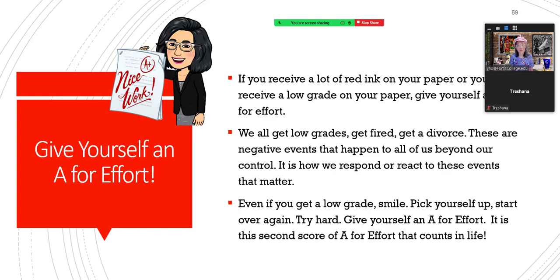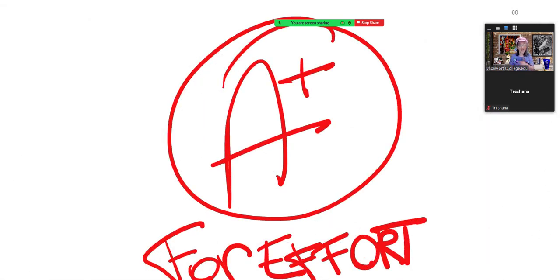Even if you get a low grade, pick yourself up and start over again. Try hard. Give yourself an A for effort. For it is the second score of A for effort that counts in life. That actually comes from a book. Thanks for the feedback. In other words, there are adversities in life, but it's how you react to adversity that determines your character.